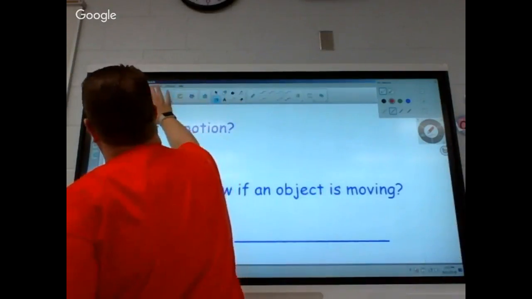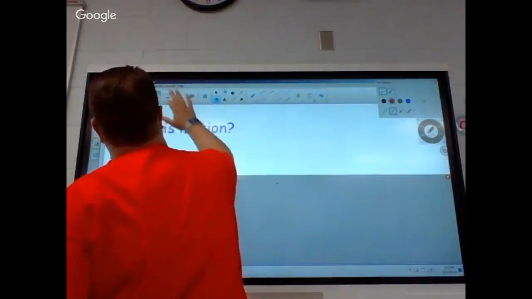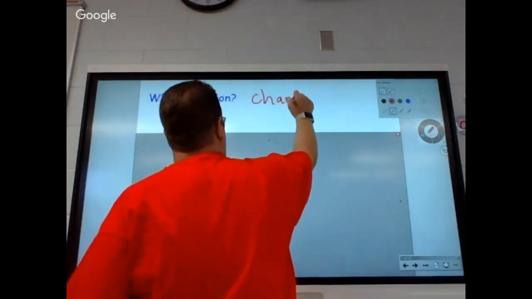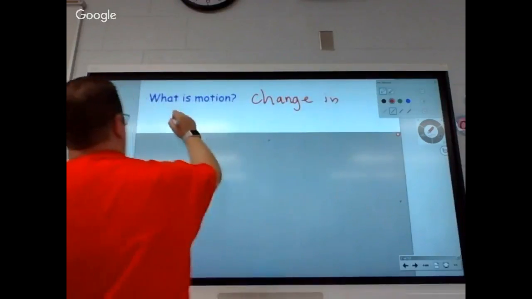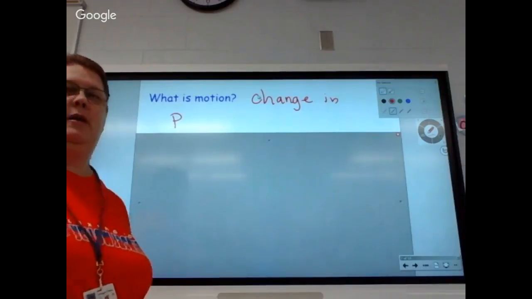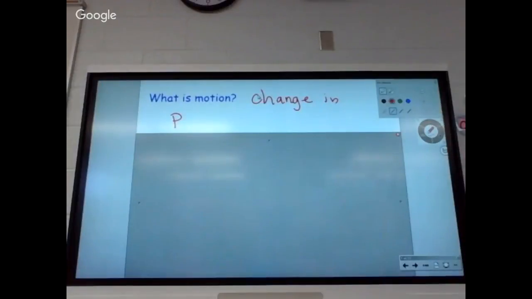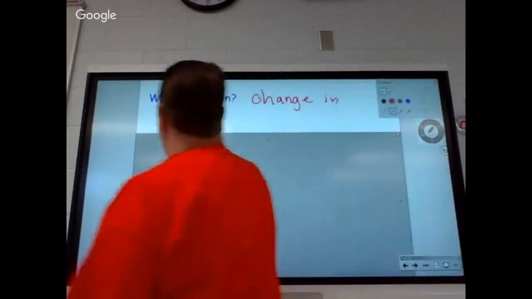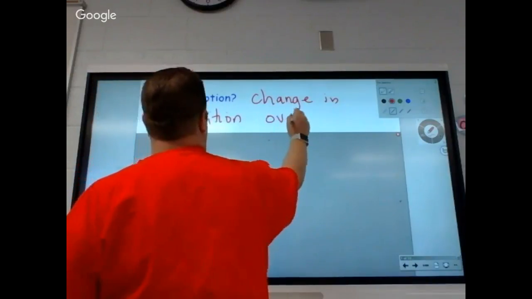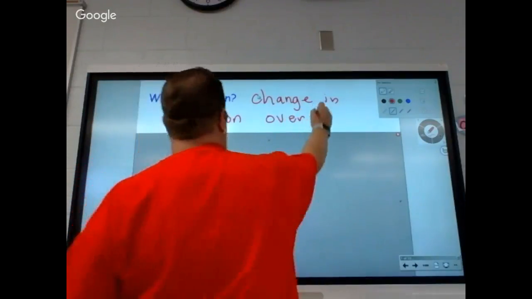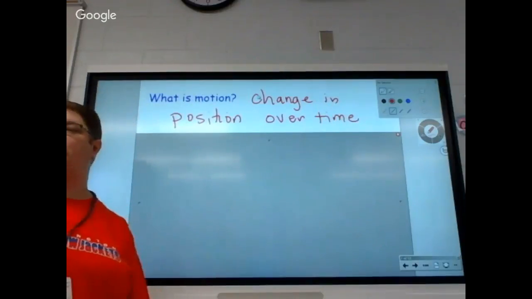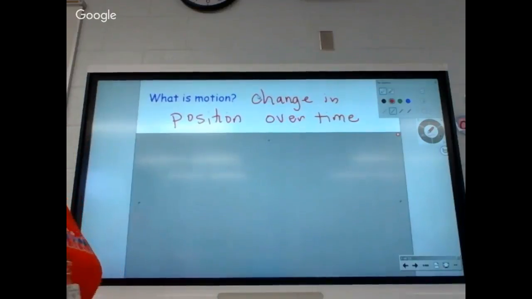We have to change position over the course of time. There you go. Very good. In order to have motion, you have to change position over time.